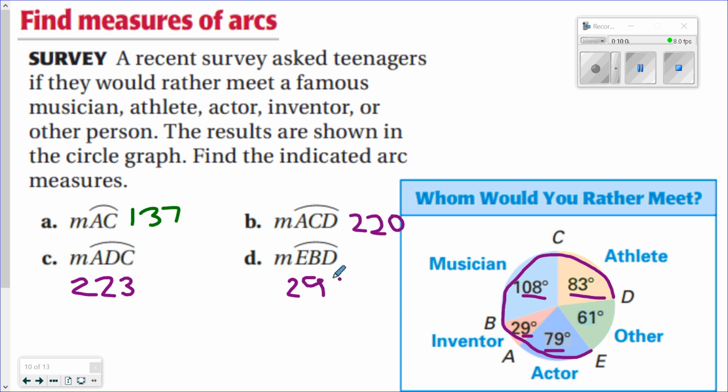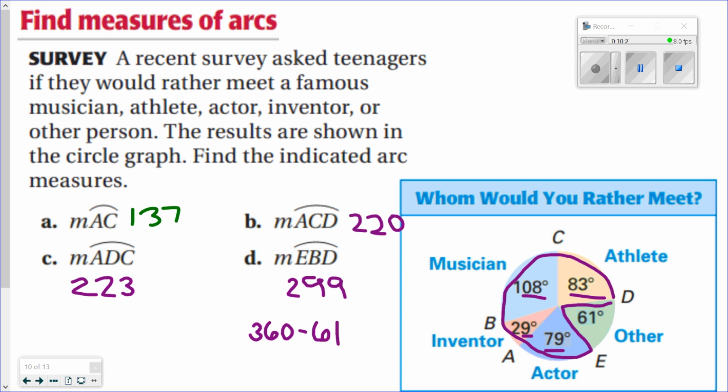Or we do see that the only slice that we're not focusing on is a 61. We know that a circle is 360. So another way we could have figured this out is just doing 360 minus 61. And we get the same answer of 299.